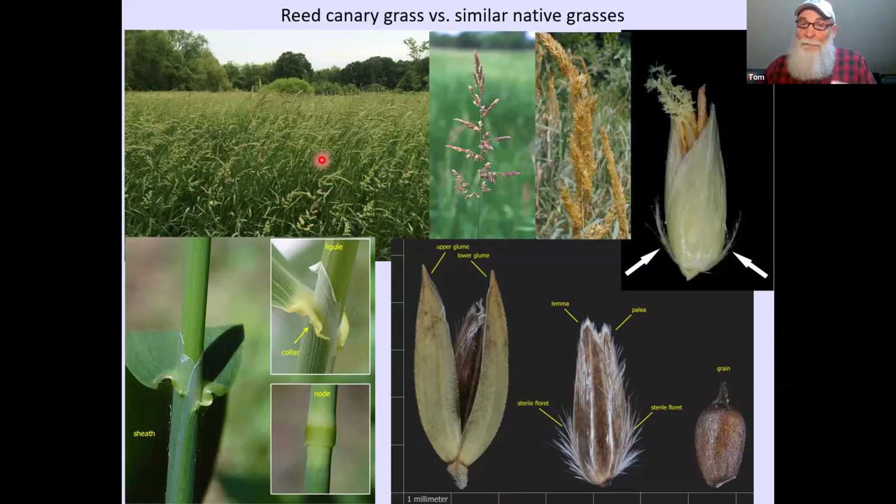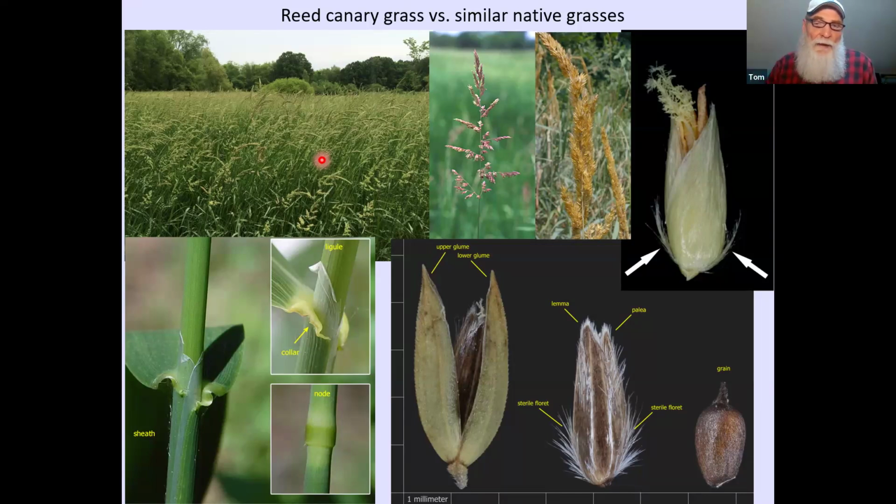That very aggressive vegetative growth habit that we see was part of the plan. But it is a very aggressive and invasive species, especially in sedge meadows, wet prairies, or on floodplains, any place where it's somewhat wet. So we do have to be able to distinguish it.